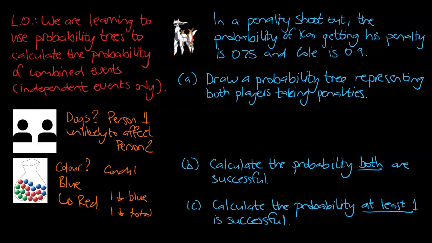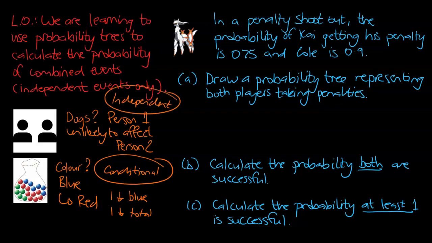So that one there is a conditional event. The probability of a red is impacted by what's happened before it. And this one over here, the first one, was independent because person two is unlikely to be impacted by person one. Hopefully that makes sense in terms of our independent events versus our conditional events.